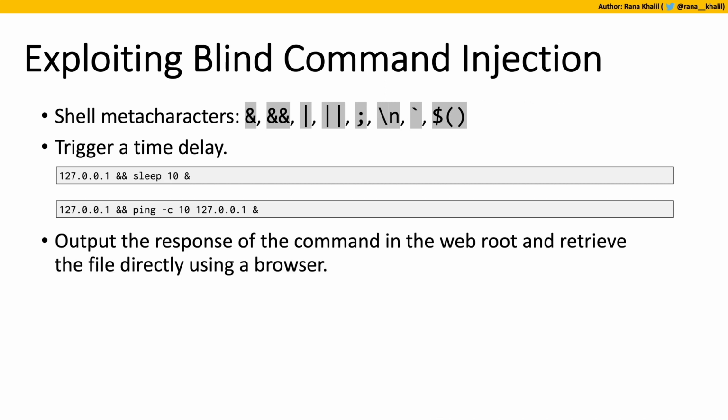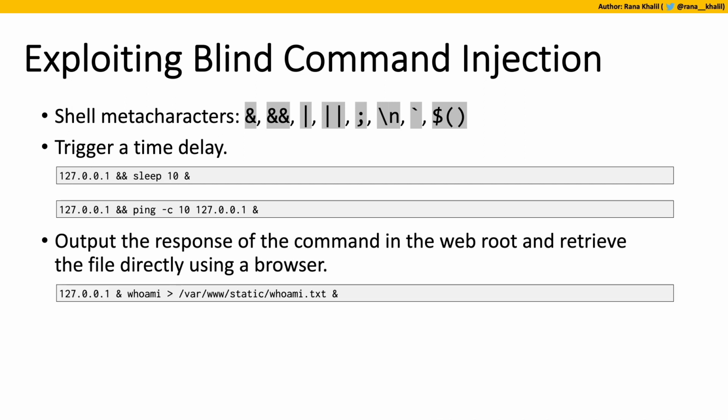And so to prove impact, you could either output the response of the command in the web root directory and retrieve that file directly using the browser. So we talked about, let's say, running the whoami command, redirecting the output over here to this directory, which is available to anyone that is using the application, and saving it in a file called whoami.txt.